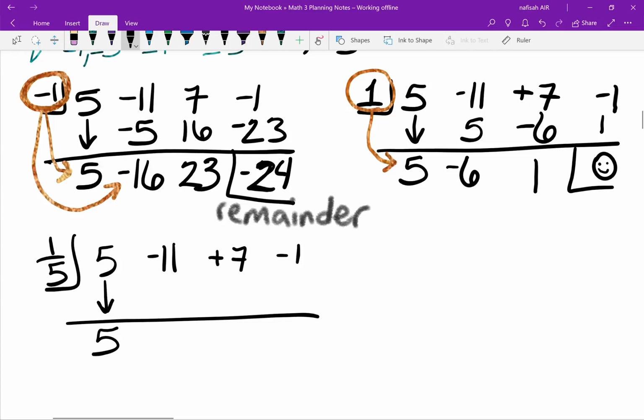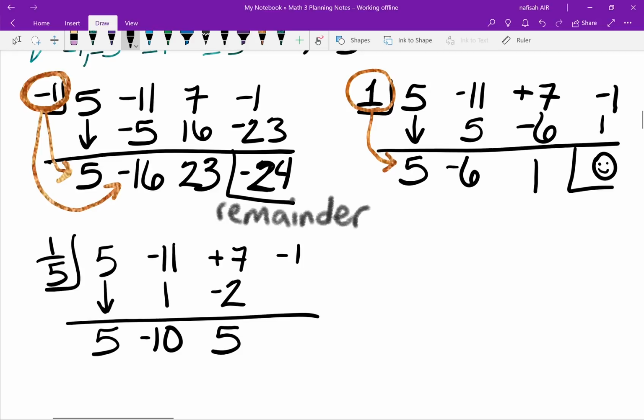So bring down the 5, get started. 1/5 of 5. So basically I'm taking 5 and dividing it by 5. I would get 1. Negative 11 plus 1 is negative 10. 1/5 of negative 10, I'm taking negative 10 and dividing it by 5. You get negative 2. 7 minus 2 is 5.